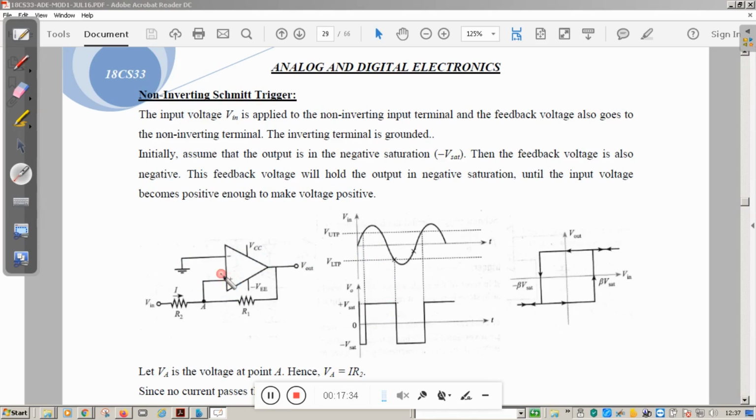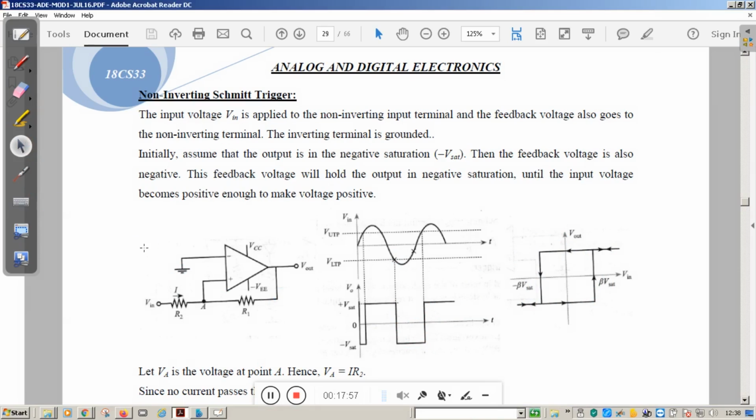When the positive is lesser than the negative, the output changes from VSAT to negative VSAT. When the input is positive, the output is also plus VSAT. When the input is negative, the output will remain minus VSAT. And this is the transfer characteristics of the non-inverting Schmitt trigger.